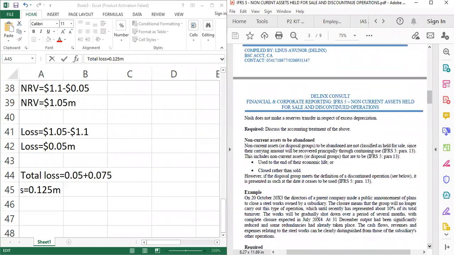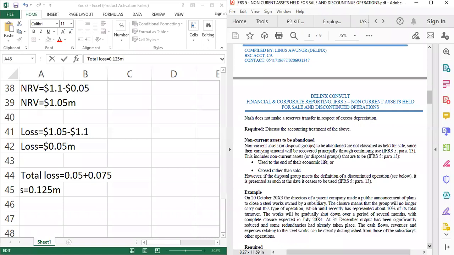Non-current assets to be abandoned. If you see non-current assets to be abandoned, we are talking about assets that will be used to the end of their economic life or will be closed down rather than sold. So if we say we are going to abandon the asset, it means that we are going to use it to the end of its useful life, or close it down rather than selling it.